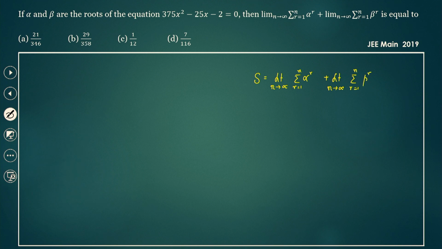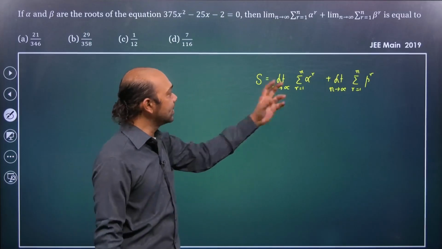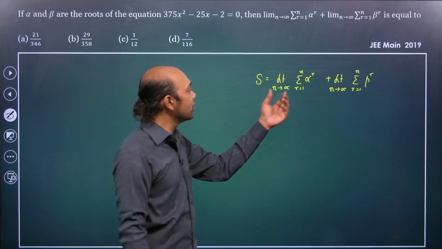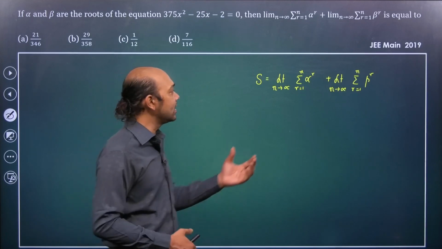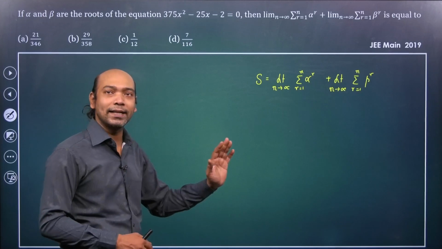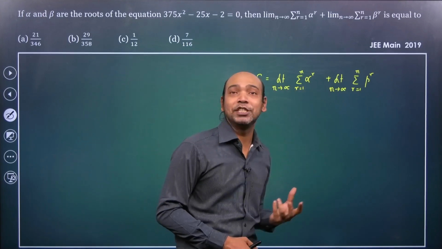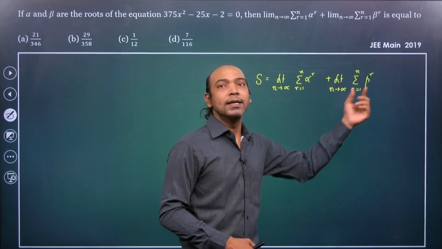Now generally, to find an infinite series where a limit is present, our technique should be to first calculate the series and then apply the limit. But here n doesn't cause any problems, because whatever is inside the series forms a GP: alpha, alpha square, alpha cube and so on, similarly for beta.